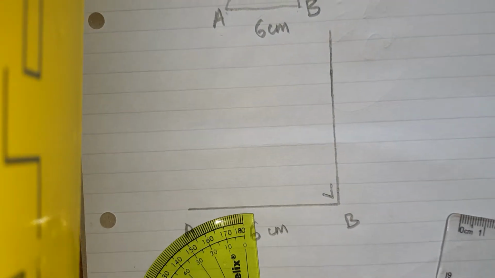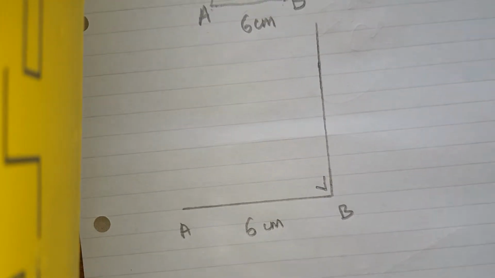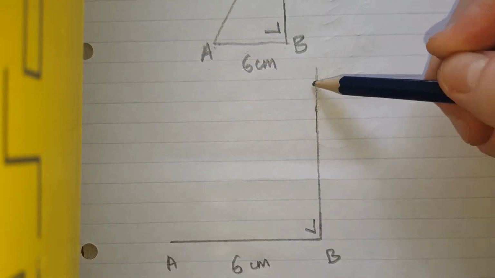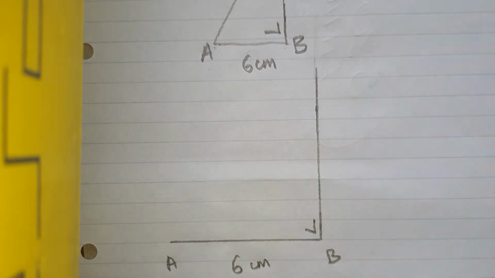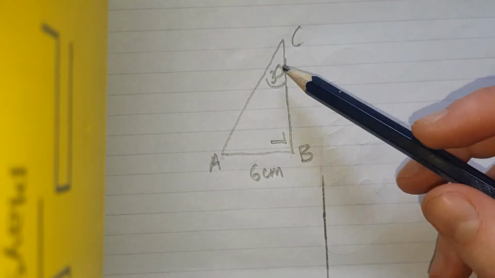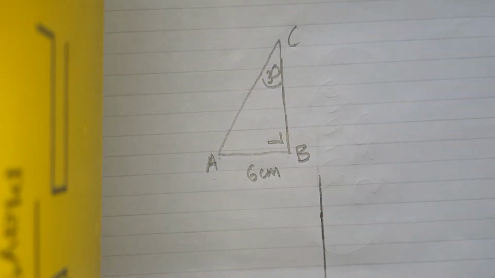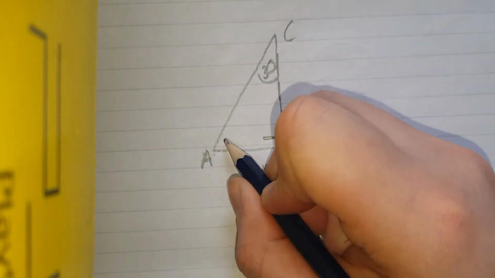And then the next thing that we're going to have to do, because we don't know how far along this line extends, we can't exactly measure our angle here. But we were given the measurements of two angles in our triangle, and we know the angles in a triangle add up to 180.